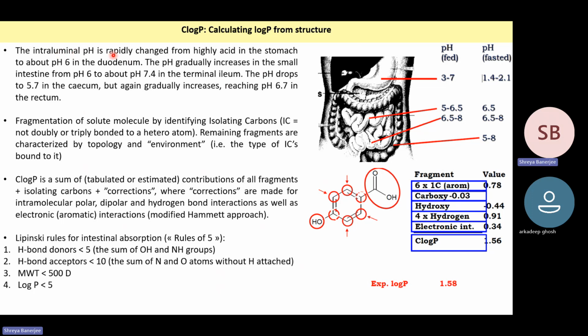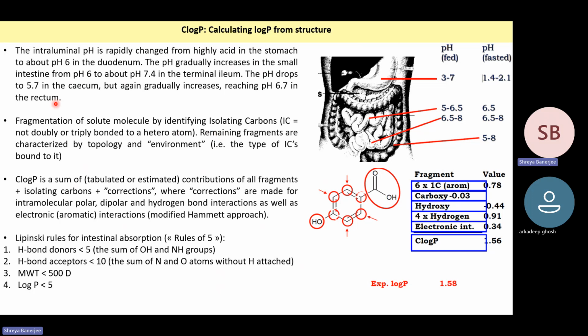So pH is different in different regions of the body. The intraluminal pH goes from highly acidic in the stomach to around pH 6 in the duodenum. And from 6, it slowly increases to 7.4 in the small intestine, till it goes to around 7.4 in the terminal ileum.